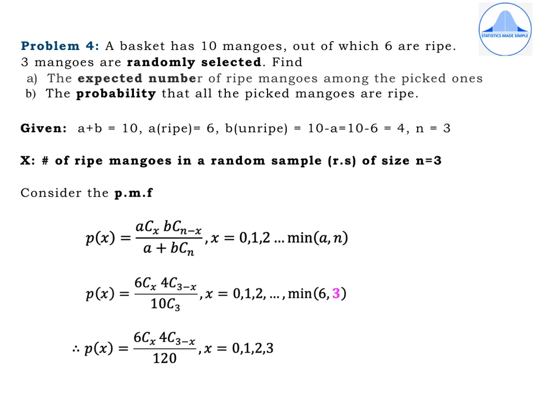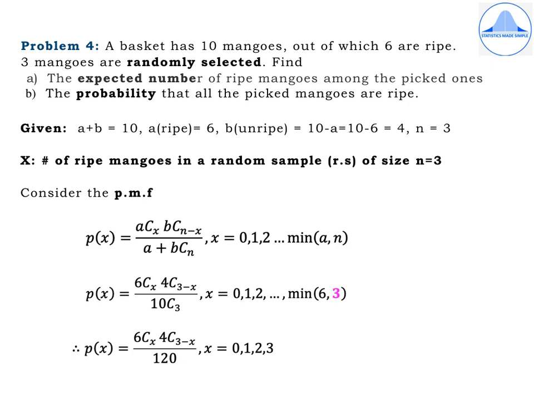Now write the general format of the PMF. P of x equal to A C x times B C n minus x divided by A plus B C n, where x takes the value 0, 1, 2, so on, minimum of A comma n. Now in this PMF, substitute the values of A, B and n, and we get P of x equal to 6 C x times 4 C 3 minus x divided by 10 C 3, and x takes the value 0, 1, 2, so on, minimum of 6 comma 3, and the minimum of these two values is 3.